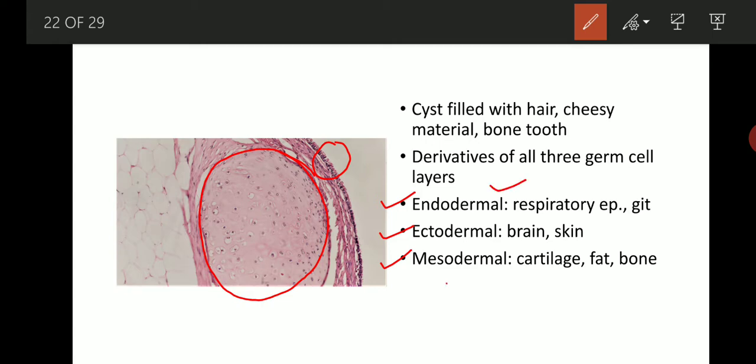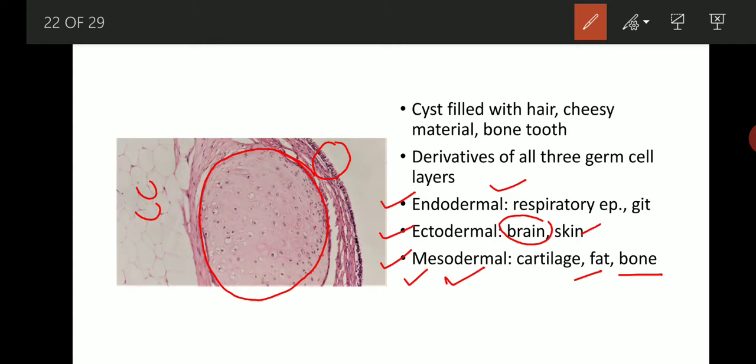The cartilage is a mesodermal derivative. The skin and sometimes you can see brain inside the teratoma, those are ectodermal in origin. In addition to cartilage, there is fat in this picture. Fat, tooth and bone can also arise from the mesodermal component.